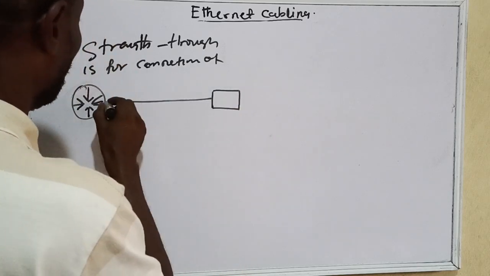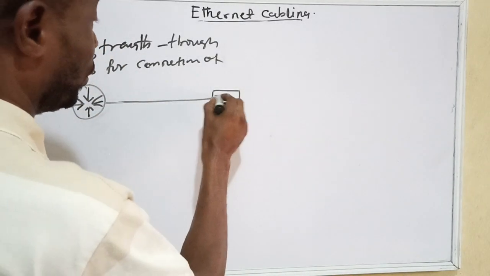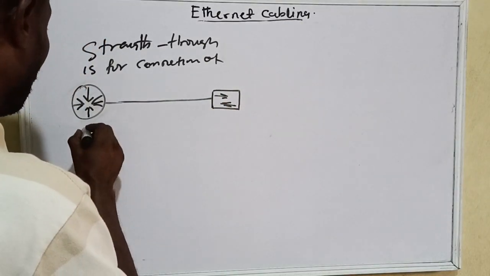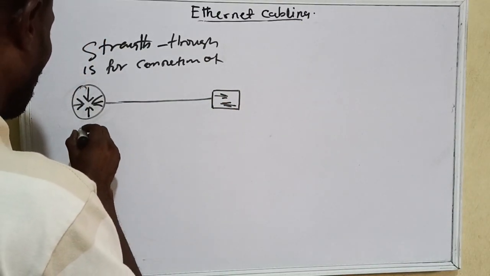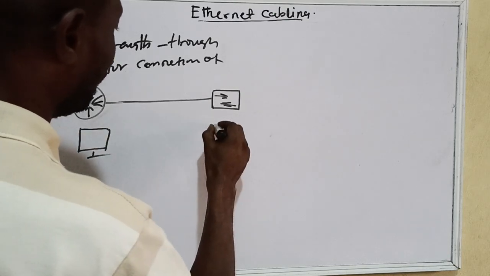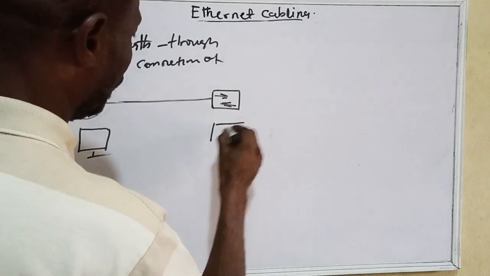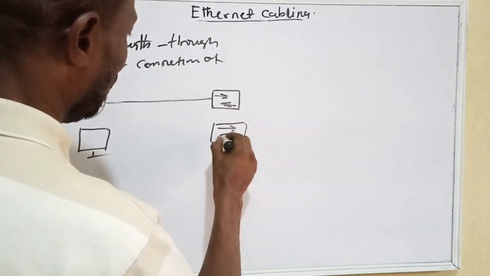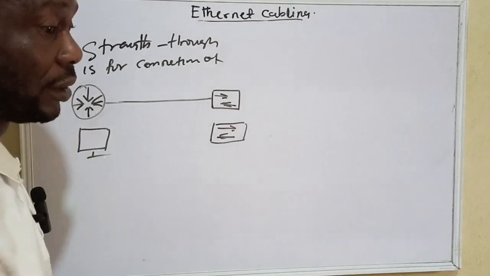This is switch, router to switch, and switch to computer. This is a computer system to switch. Okay, and that is it.